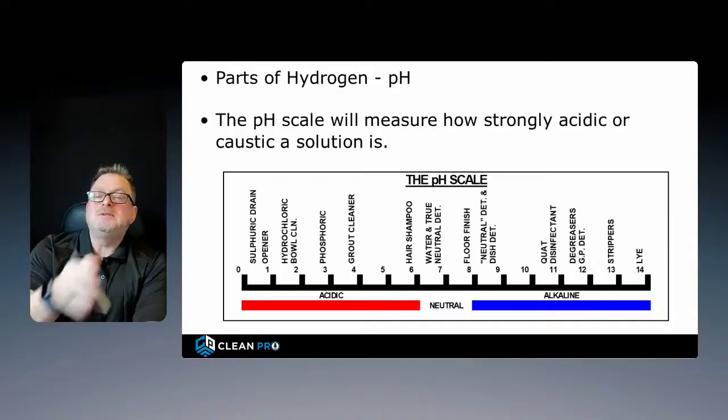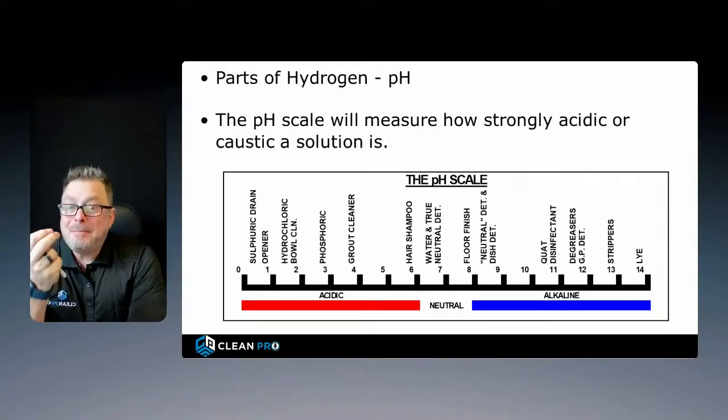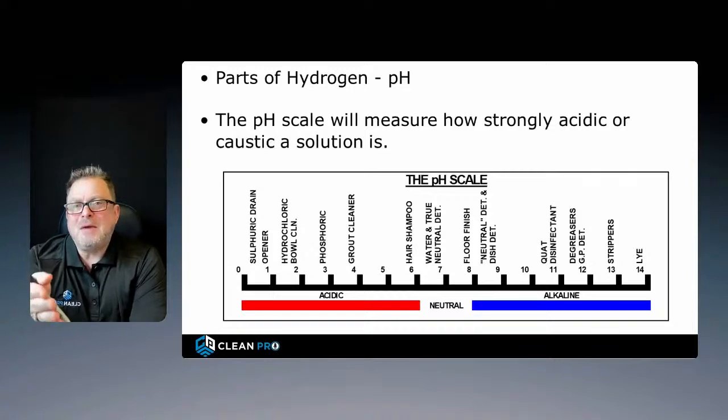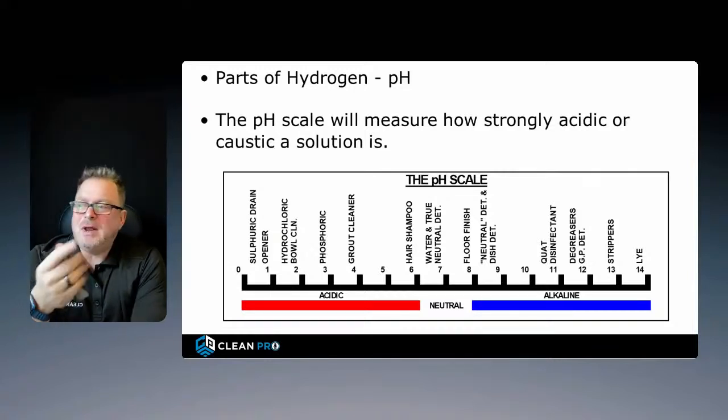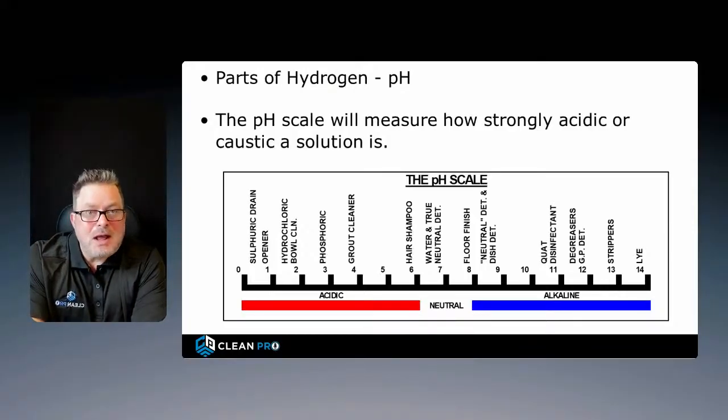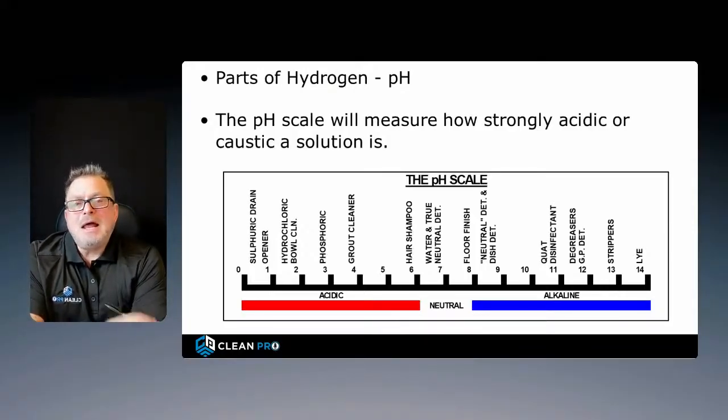So if you go to your warehouse and there are all these neutral cleaners, they're not perfectly 7. They're just in the neutral range, so they might be 7.2, 7.5, whatever. Floor finishes are in and around 8. Disinfectants are around 9. And you can see the slide.